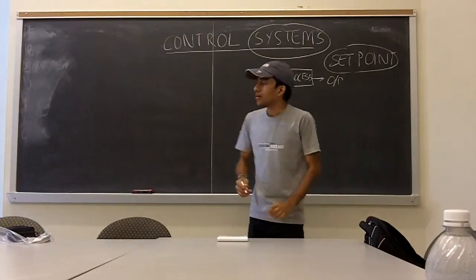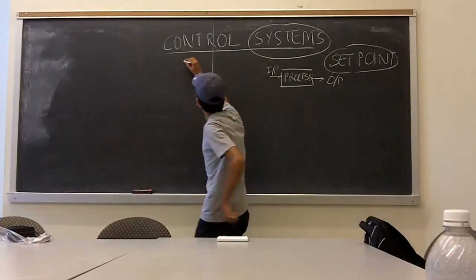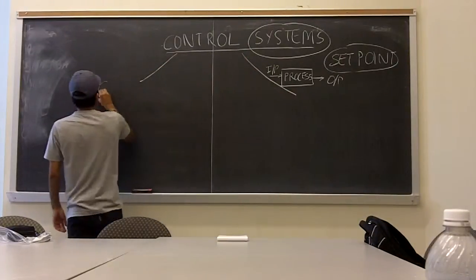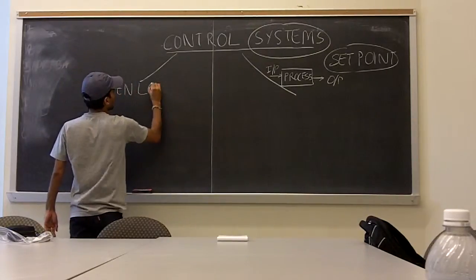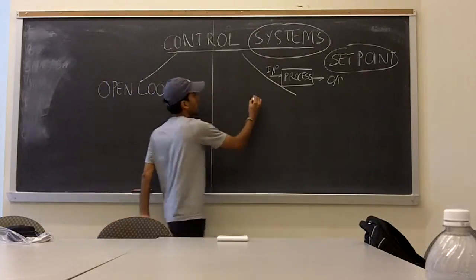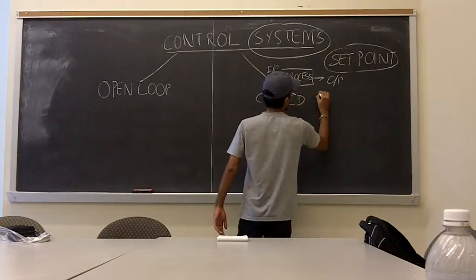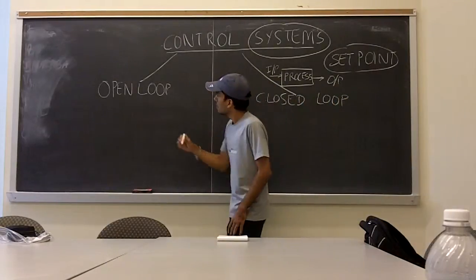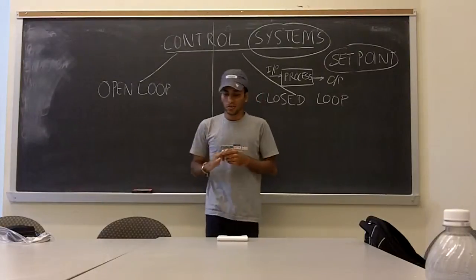Now, moving on to the types of control system. There are two types. The first one is open loop and the second one is closed loop.